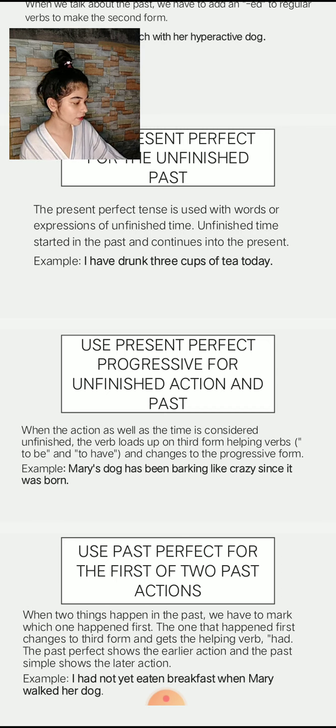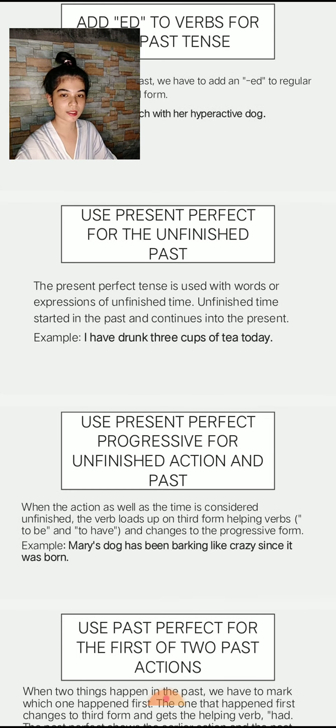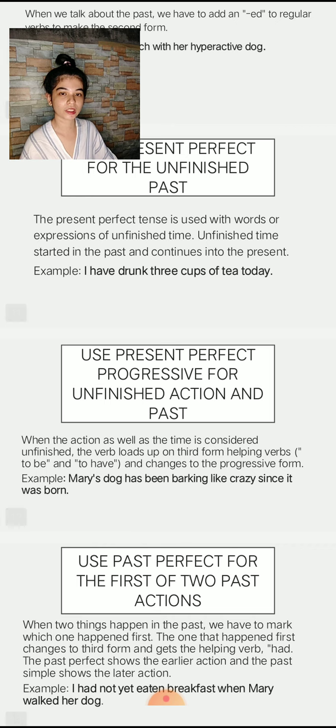Example, Mary's dog has been barking like crazy since it was born. So, pareha lang siya, makita na diri nga unfinished past gyapon siya, pero unfinished action lang ni siya sa past.